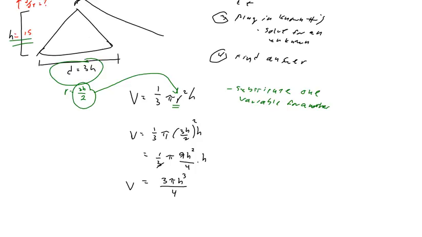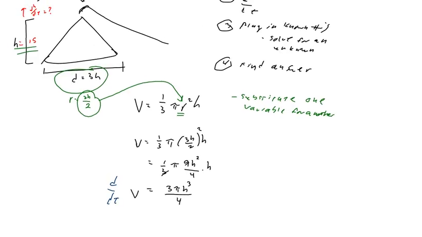So that is the kind of situation sometimes you end up with where you have to substitute one variable for another, so that you have an equation with only a single variable. And now if we did d/dt, you could find that answer.